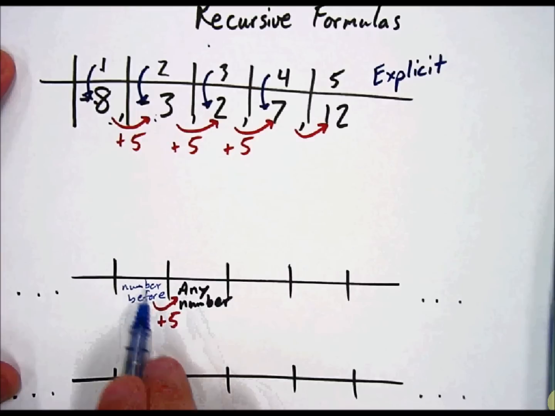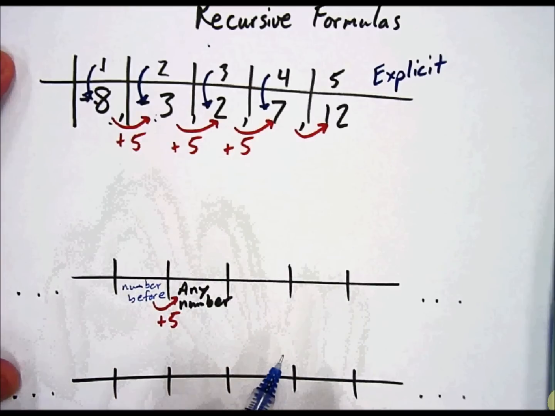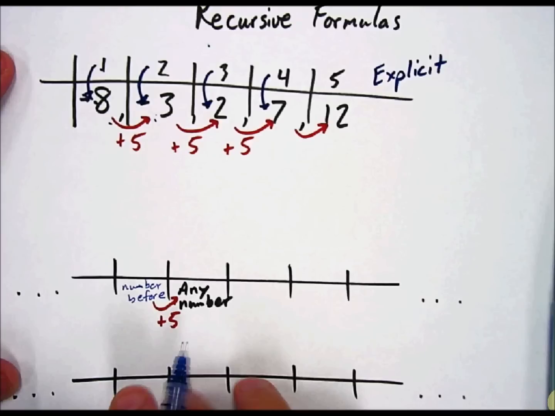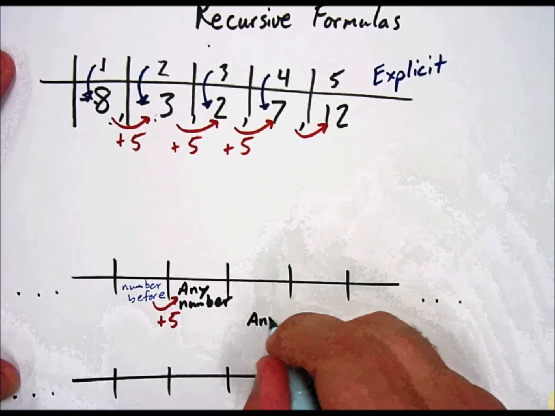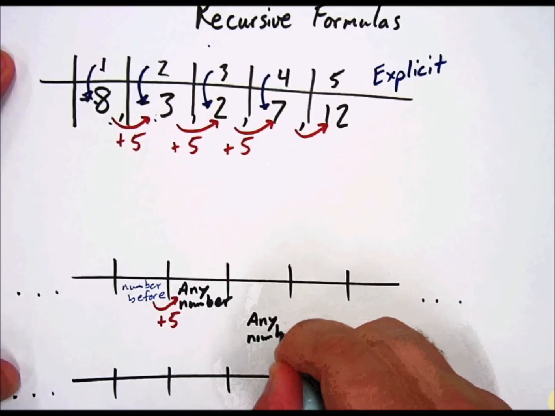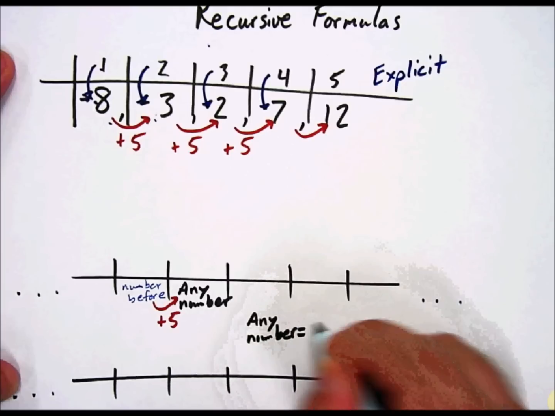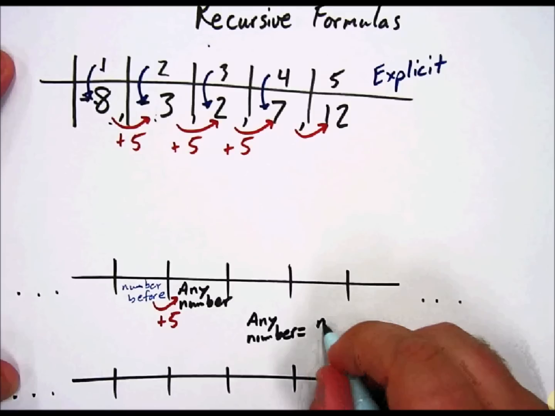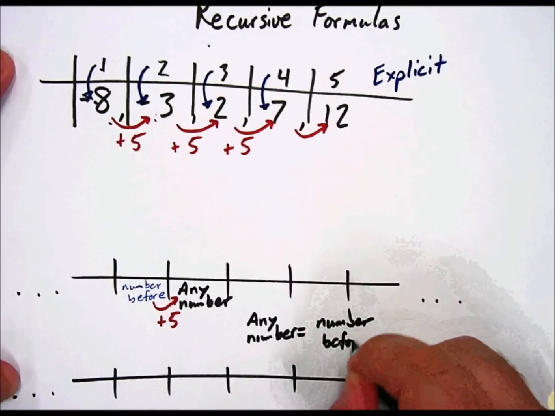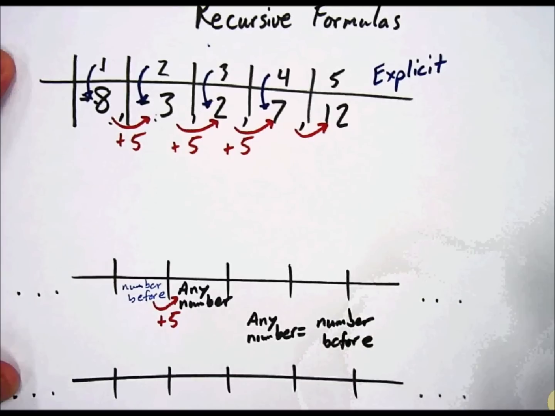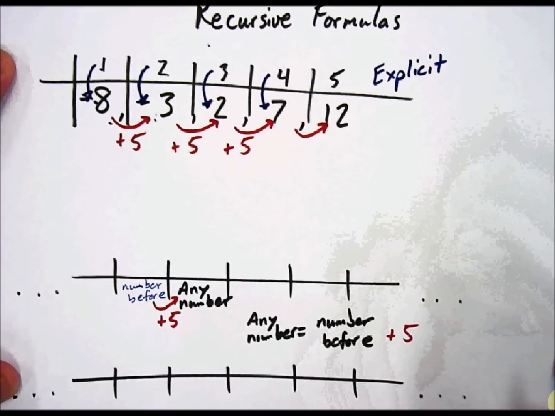I don't know if that makes sense. If you need to pause it or think about that, but I could write a rule that said any number is equal to the number before plus 5. And that would be my equation.